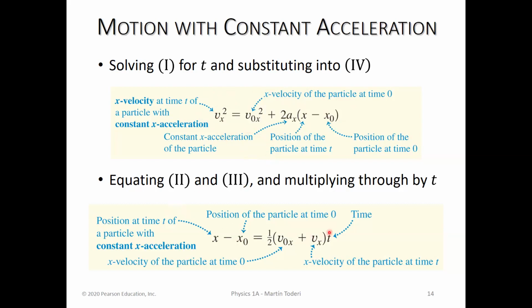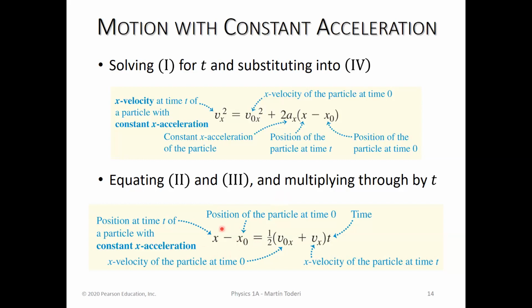And then we have this other expression here, which has, I would say, less utility than the v squared expression, which is just equating 2 and 3, multiplying through by t. So again, you can do that as practice. It's good practice for algebra. It's just, I would say, 4 lines of calculations. It's not that much.